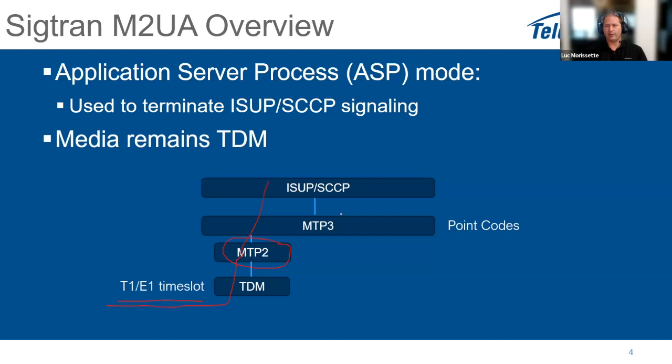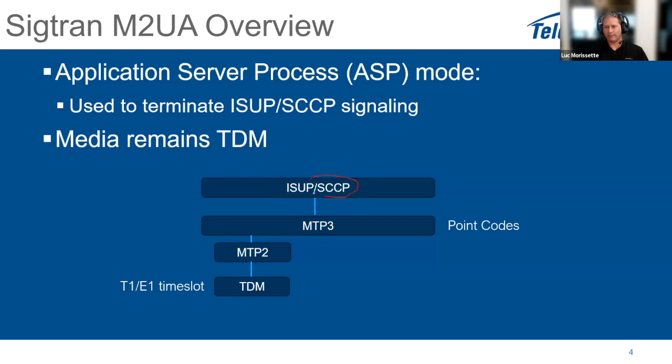Then the upper layers, MTP3 to route the SS7 traffic, and the upper layers here are handled on the device. The ISUP network here on the left side is used for controlling media calls, or voice calls or fax calls. And when this is TDM, the media is also TDM.